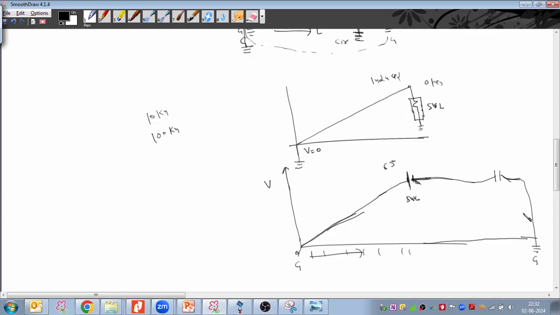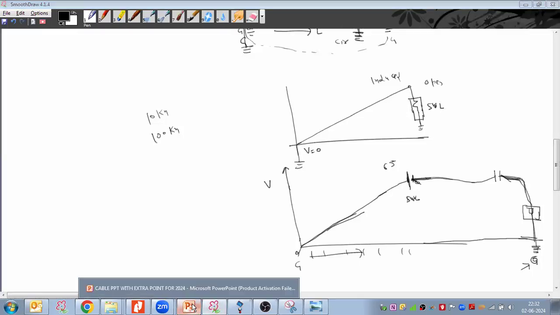Either you do the solid grounding, or if we are able to maintain the 65 volt maximum limit voltage, then instead of solid grounding we can go another way. Sometimes a few companies ask to provide the link box without SPL, and some companies ask to keep it floating, provide the SPL, and then connect to the ground. So it keeps varying as per the specifications or the client requirement.